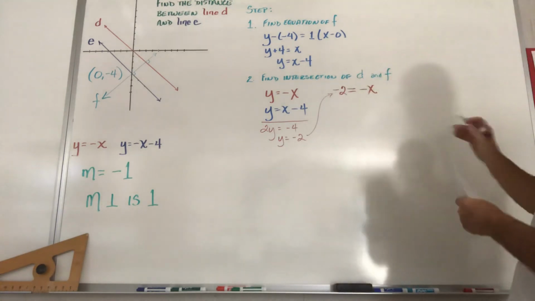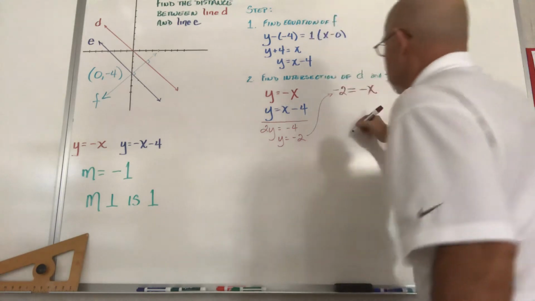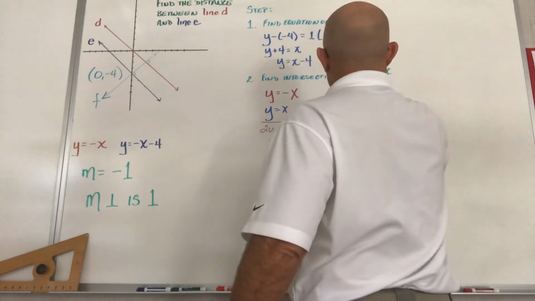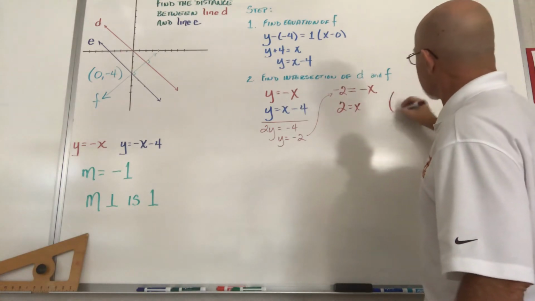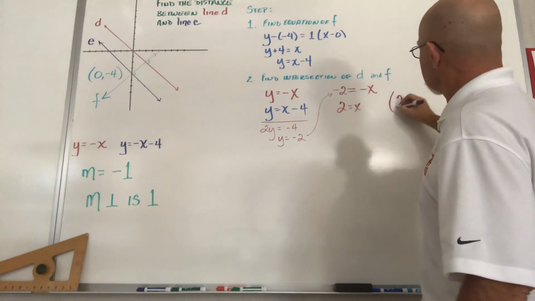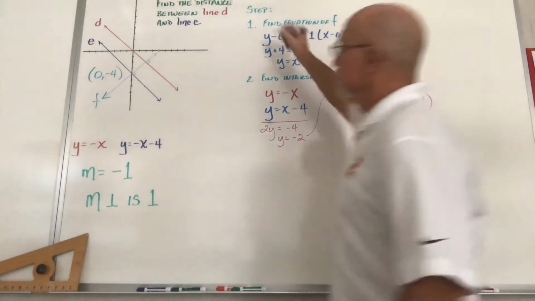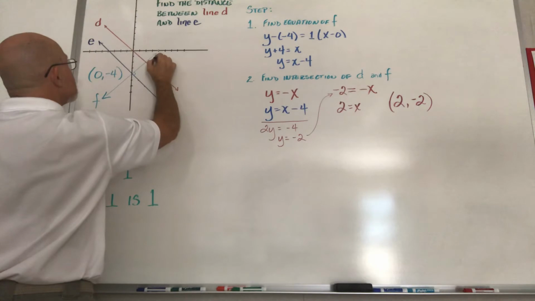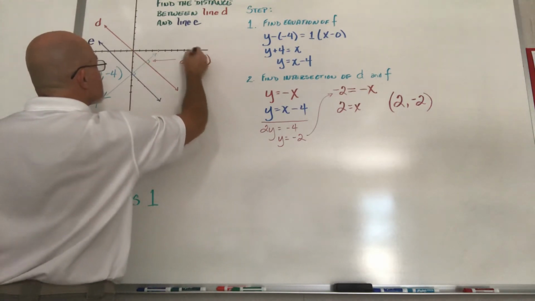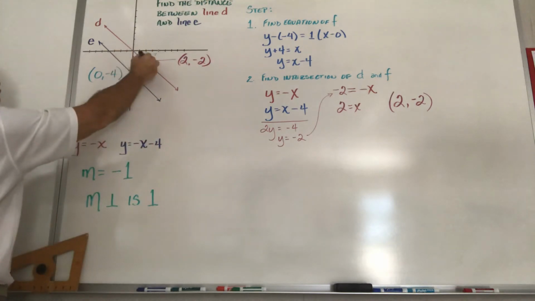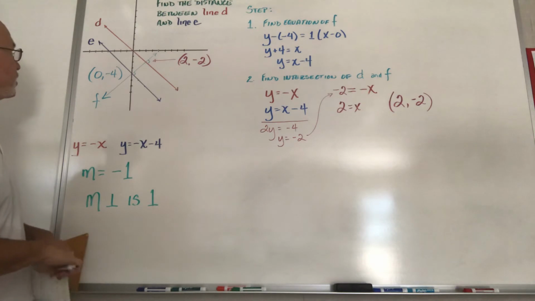Since negative 2 equals negative x, x is equal to 2. Yes, those are my knees. So our point of intersection, okay, 1, 2, 1, 2, right there. So that's our other point.